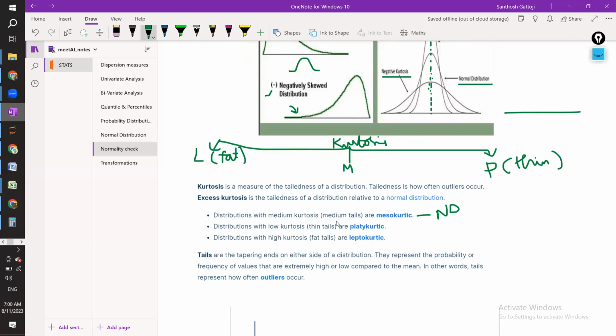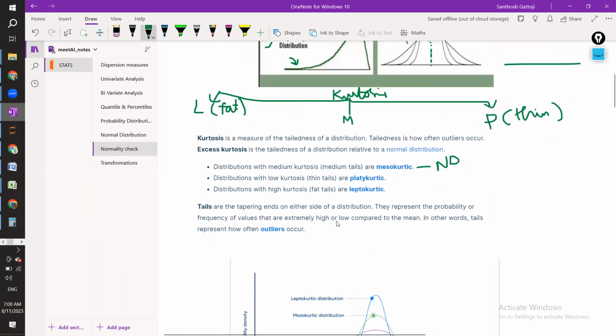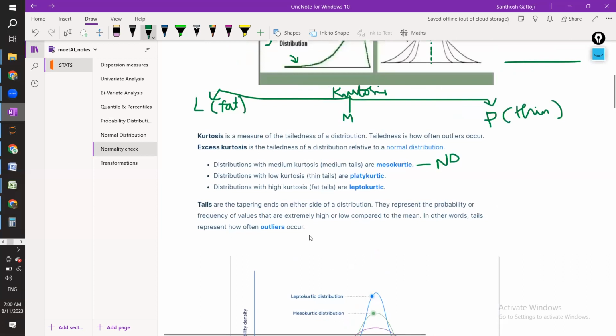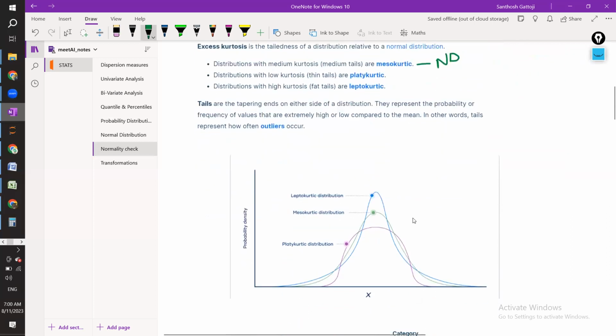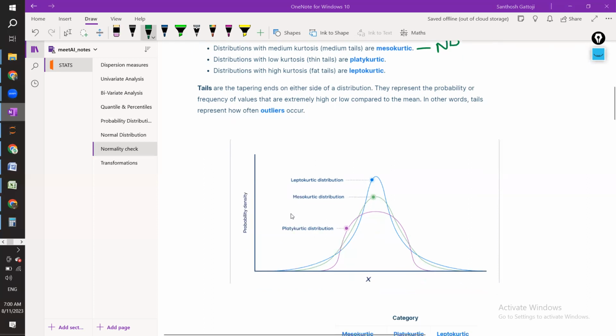But why are tails important? Because if the tails are getting elongated, that increases the frequency of high values or low values when compared to the mean, which can become outliers. Agree? Outliers are values which are not following the remaining values. So where can you find an outlier? In the tails itself, because very low values or very high values are outliers.